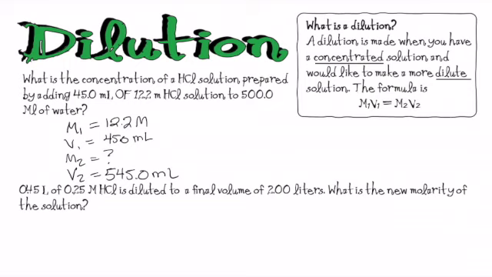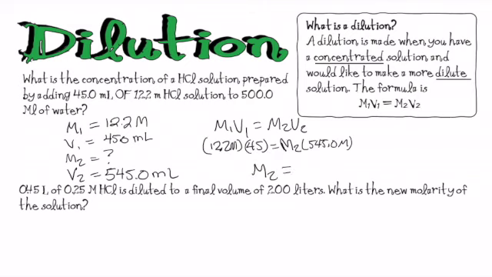So we're going to use our formula, M1V1 equals M2V2. We plug in what we know. When we solve for M2, we get 1.00 molar.